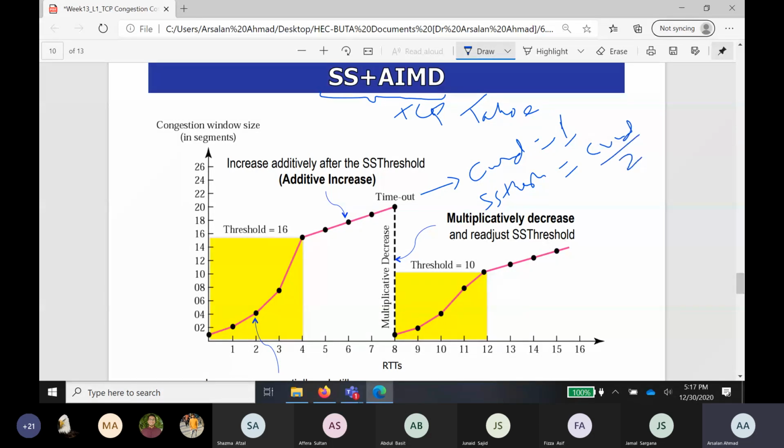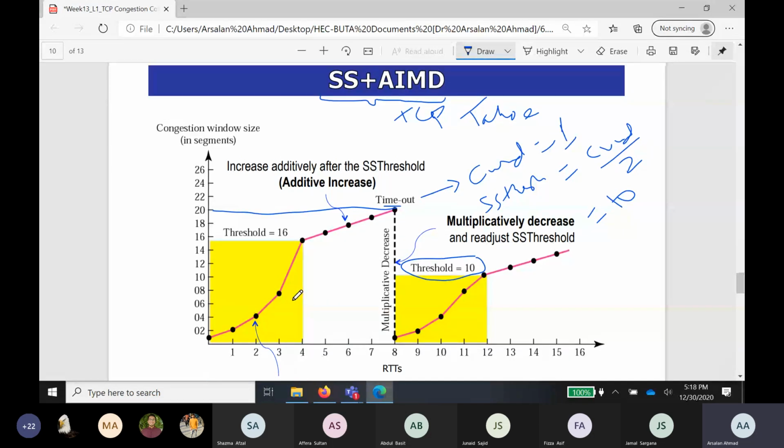The value of congestion window was 20 at this time, so you set the slow start threshold as cwnd by 2, which is 20 by 2, which is 10. Next time the threshold will be 10. That's what I was trying to convey in the previous slide.